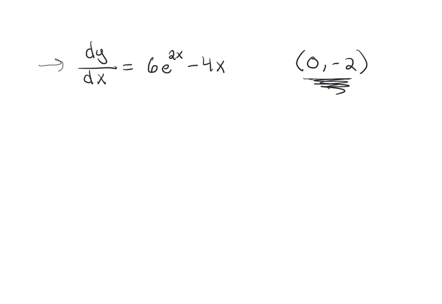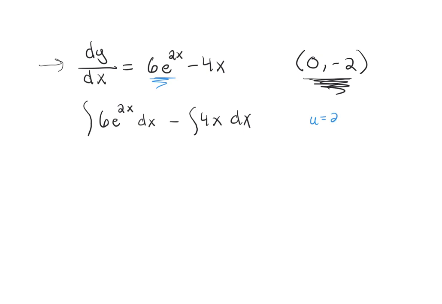So we'll start with, I want you to think about taking the antiderivative of 6e^(2x) - 4x, and I'm going to break this up into two integrals. The only reason I'm breaking it up is because this first term involves u substitution.